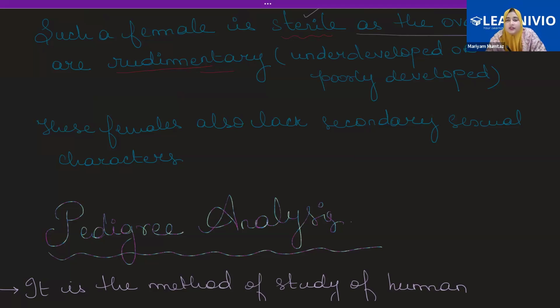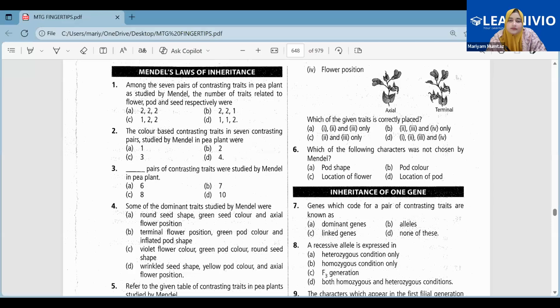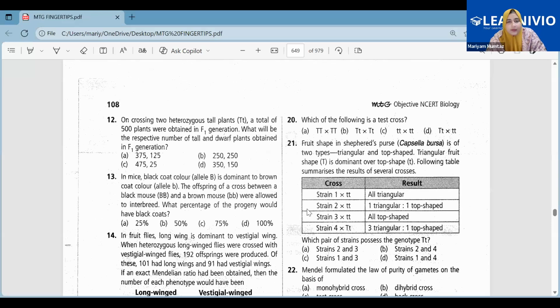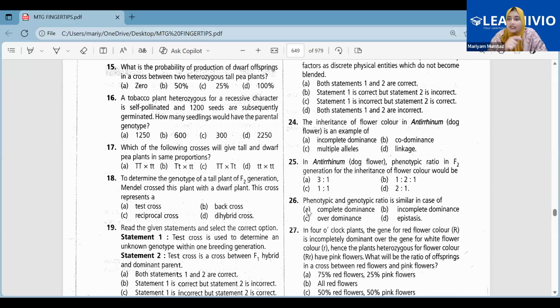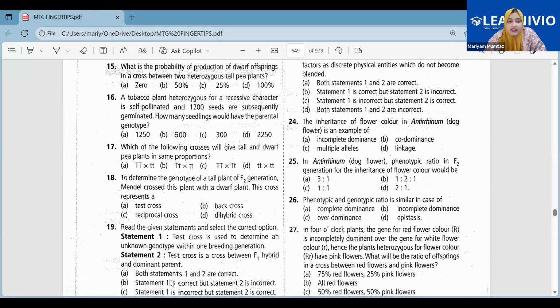So, do you people remember the question number that you were doing? Anyone? I have to start from 15th. 15th. Yes. Okay. All right. Now you people solve it. Then we'll discuss the pedigree analysis.